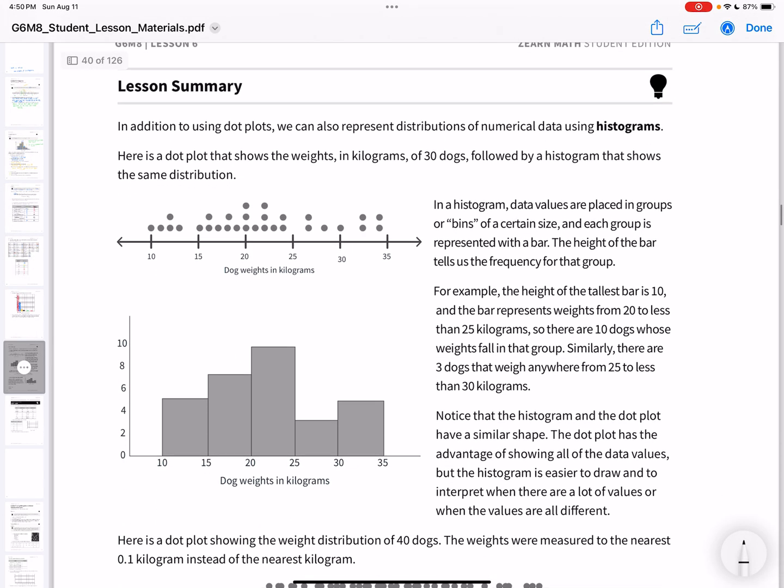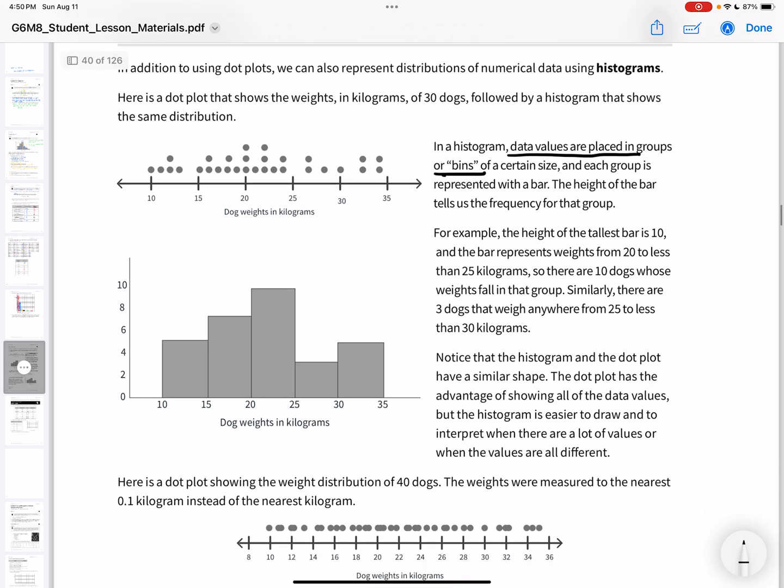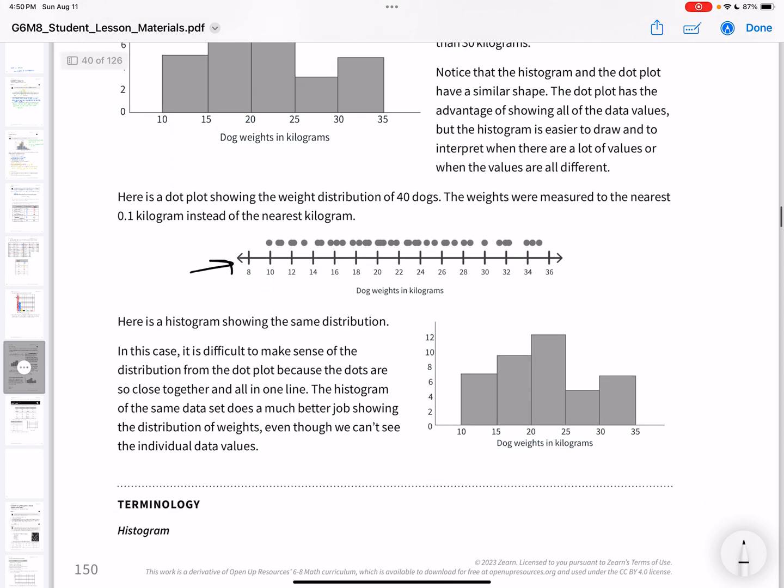All right. So again, what I want you to remember is that histograms place the data values into groups or bins. So these are groups. So we can't tell individual data points, but sometimes a histogram makes it easier to analyze the data. Okay. So you can see the difference between this dot plot where we can't really tell a difference to this histogram where we can now have conversations about the data.